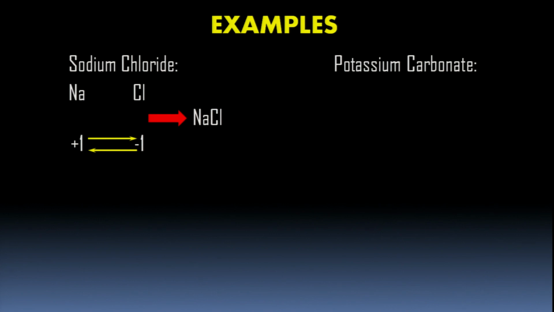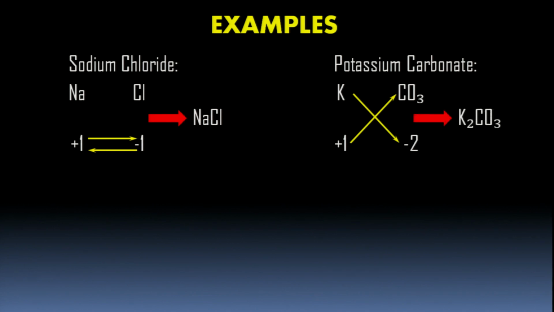Suppose we write potassium carbonate. Potassium K with valency +1, carbonate CO3 with valency -2. Then what happens? There is swapping, or the crisscross. K will have valency 2 and CO3 as a whole will have valency 1. The formula becomes K2CO3.